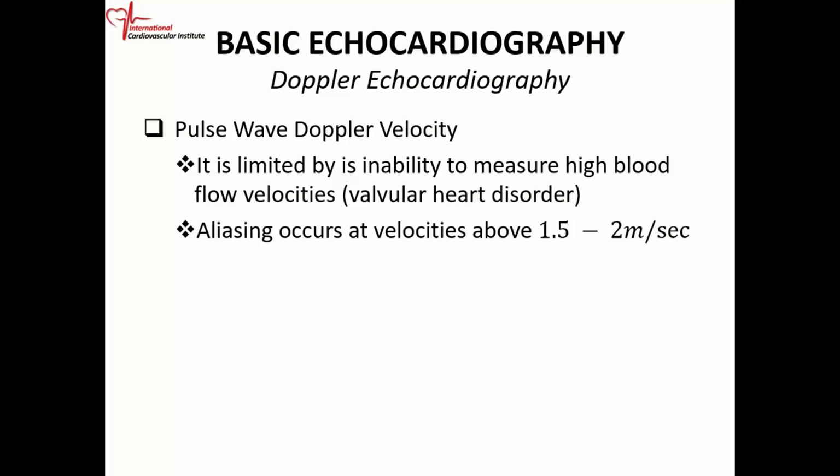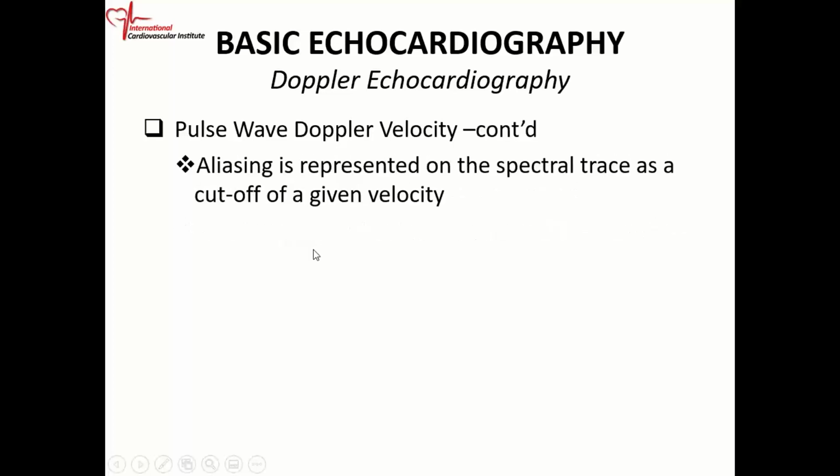When it reaches the limit of 2 meters, it's going to cut it off, and it's going to put the remaining 3 meters per second below the baseline. So that's what we call aliasing. So aliasing occurs at velocities above 1.5 to 2 meters per second when you use pulse wave Doppler to measure high velocities.